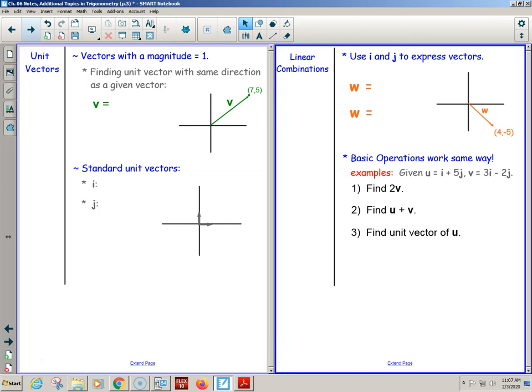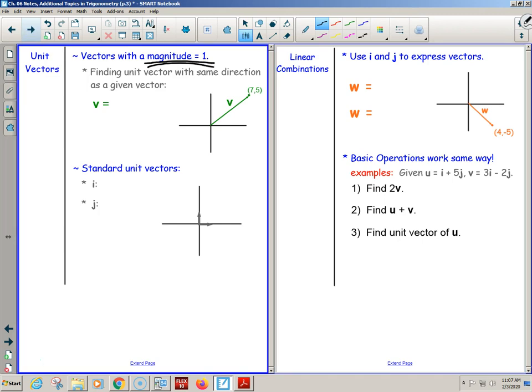I mentioned a second ago that unit vectors are those that have a magnitude of 1, a length of 1. But they could ask us to find a unit vector with the same direction as a given vector. Think about scale drawings. Scale drawings are only as good as the scale that's given to you.